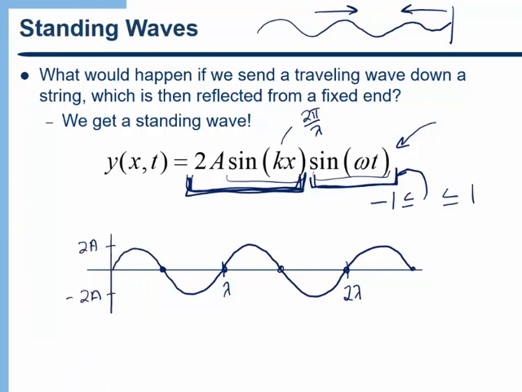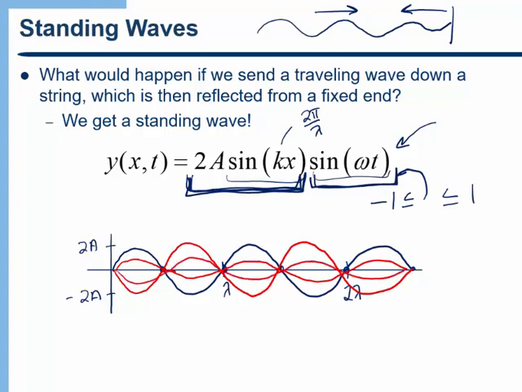What would it look like when it's -1? Well, it would be the same curve, but flipped. How about if it's some value between 1 and -1? Well, we'd just be multiplying either of those curves by a smaller value. It wouldn't change where our zeros are. In other words, the string might look like that at some point, might look like that at some point. Of course, it could even be 0 at some point when sine omega t is 0.